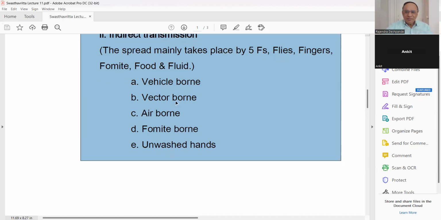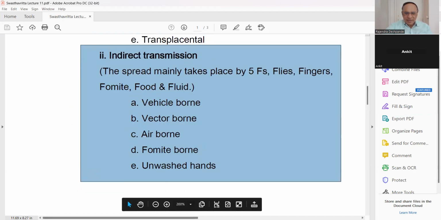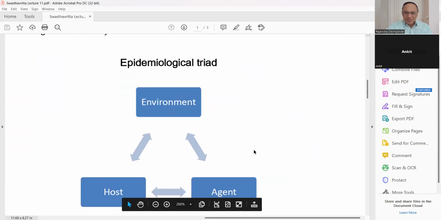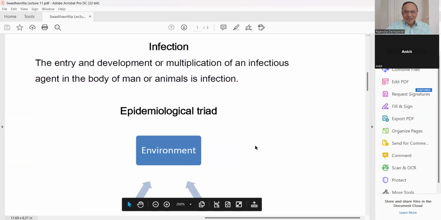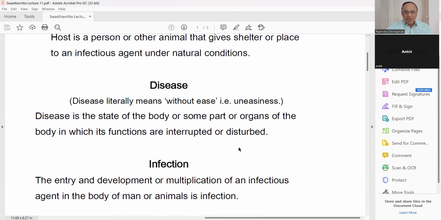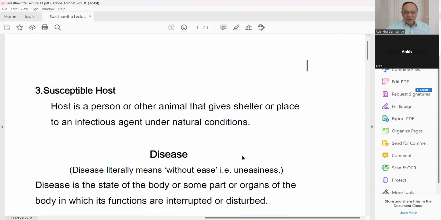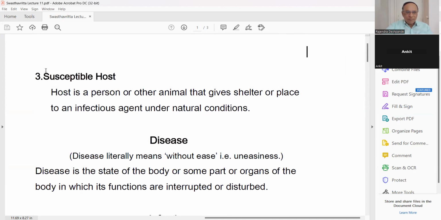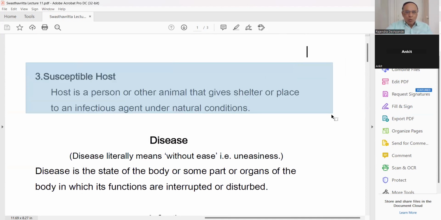We will go further. I think I have to make my screen on the right side to get new information. Okay. Just wait. Very interestingly, we are studying all these Swasthavritta topics and we are talking about epidemiology. So now we will talk about host.